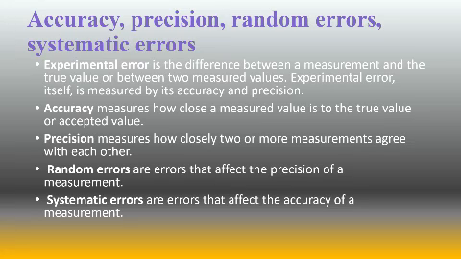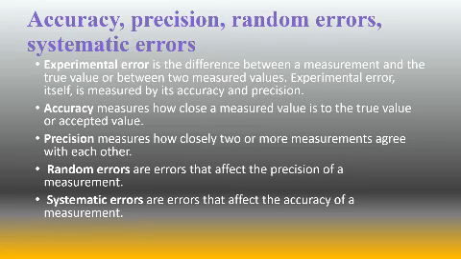The fractional uncertainty is the uncertainty over the best value, where the best value is the true or accepted value, and the percentage uncertainty is the uncertainty over the best value multiplied by 100%.